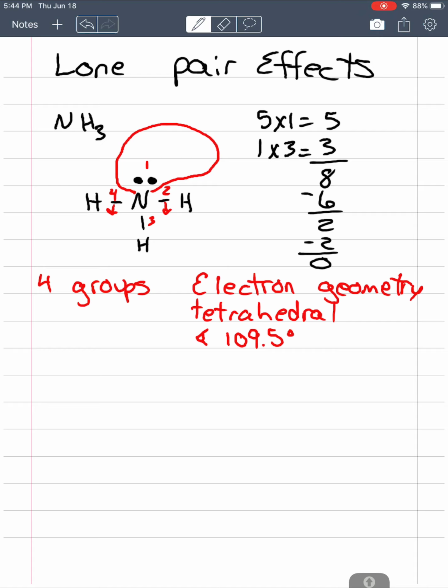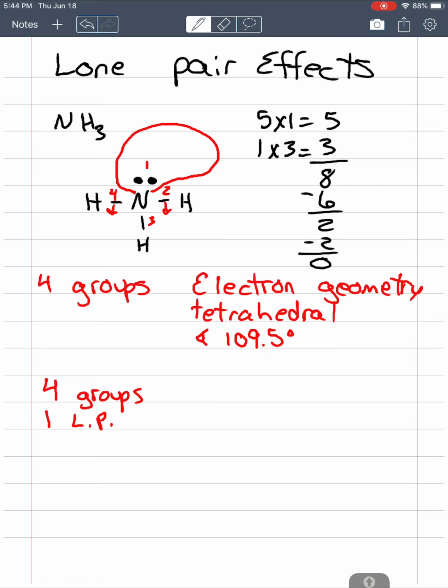Now, let's say we're not interested in the lone pair too much. We want to know what is the shape of the nitrogen with the hydrogens. Then it still has 4 groups, obviously. And one of those groups is a lone pair.